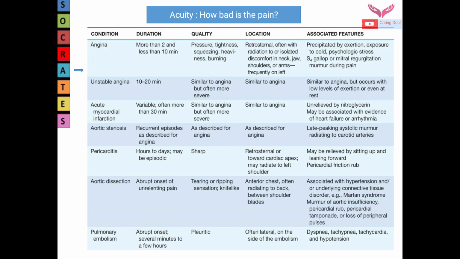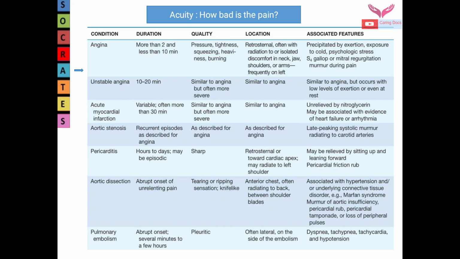Next is the acuity. How bad is the pain? Anginal pain usually lasts more than 2 minutes but less than 10 minutes. The quality is pressure sensation, tightness, squeezing type of pain. The patient may have heaviness, burning.